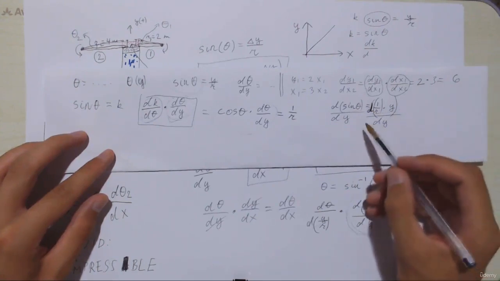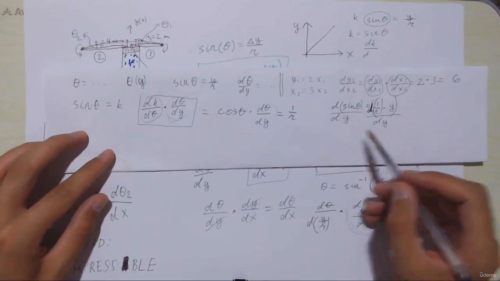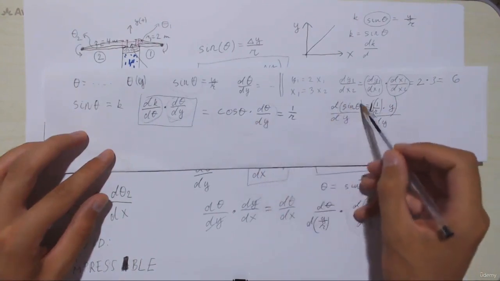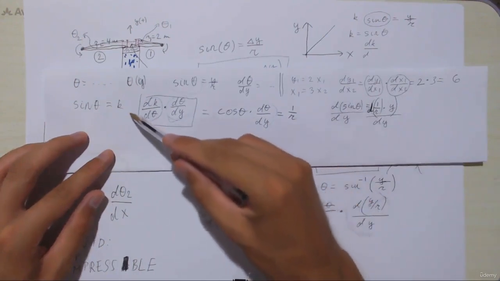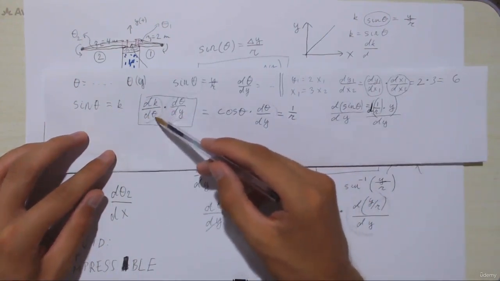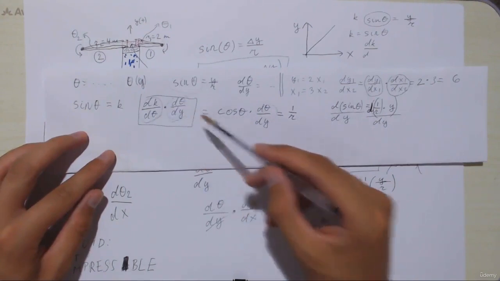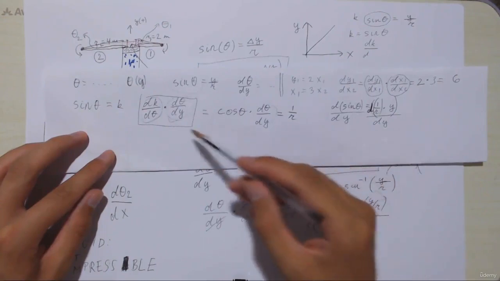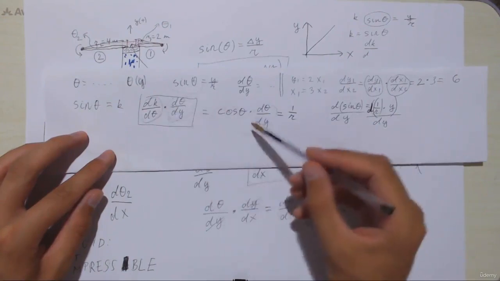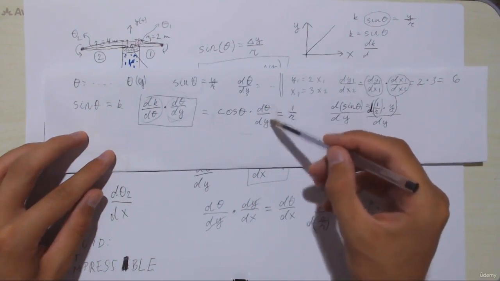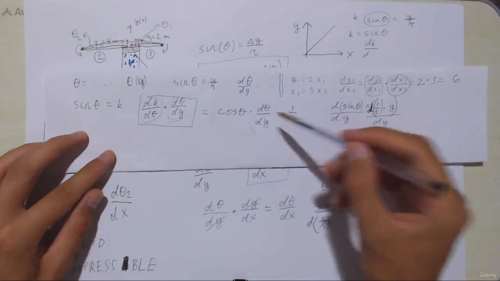And therefore, I have this equation, cosine theta times d theta dy, that's this. We got it from this logic that sine theta is k, and then dk over d theta equals d theta over dy, but we didn't cancel out the d thetas. Instead we said that dk d theta is cosine theta, and d theta dy is what we are trying to find.